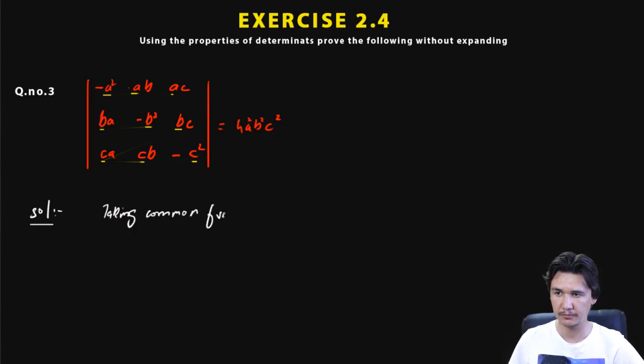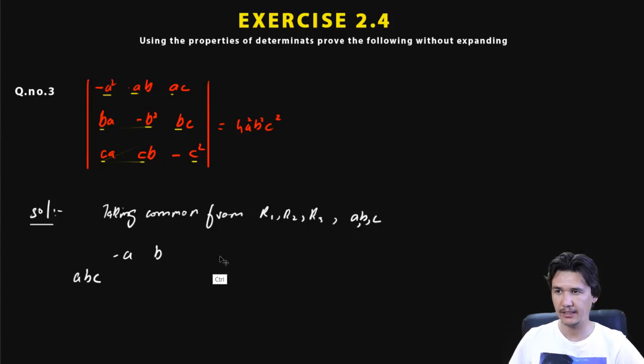Therefore, taking common from r1, r2, r3, which is a, b and c, I will take abc common, and the remaining will be minus a, b, c in the first row. Let me do some color coding here.